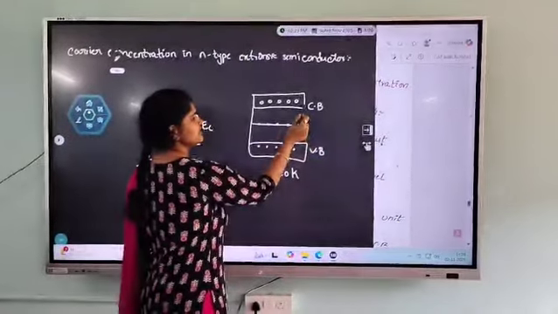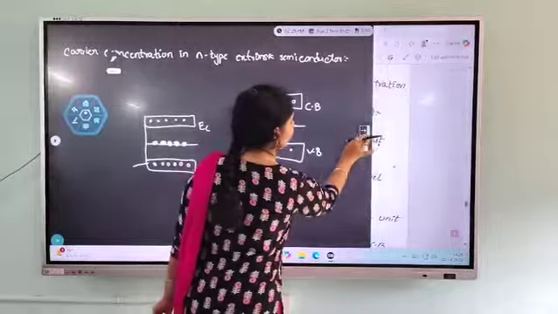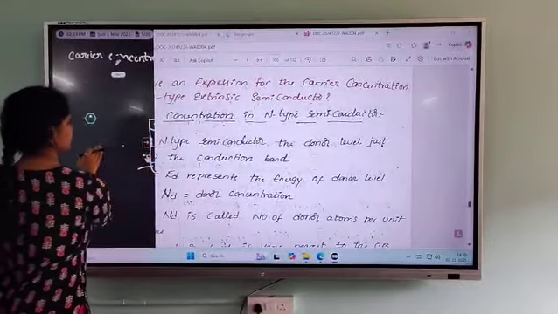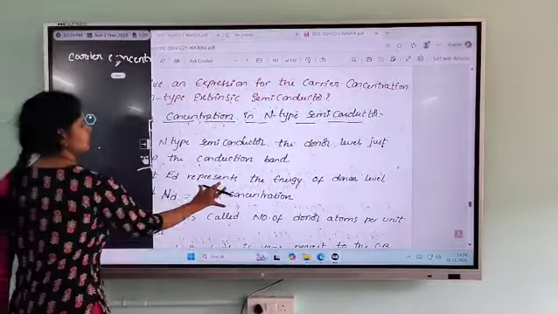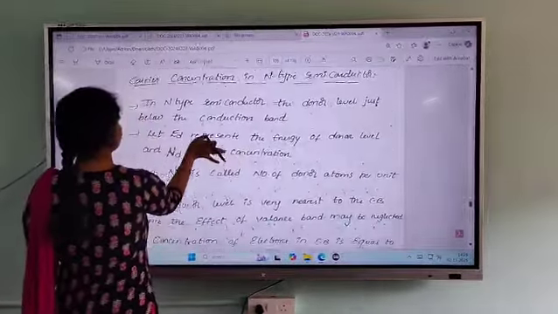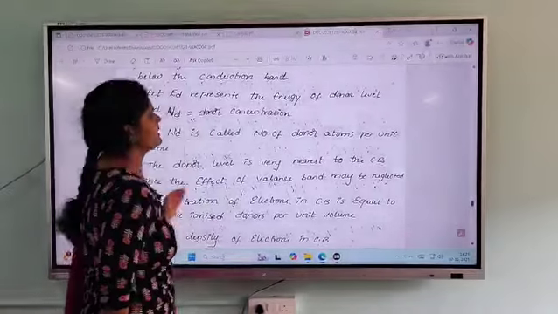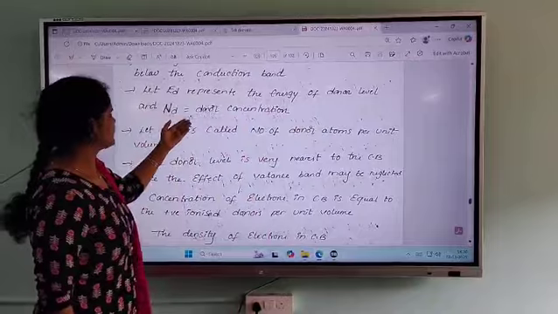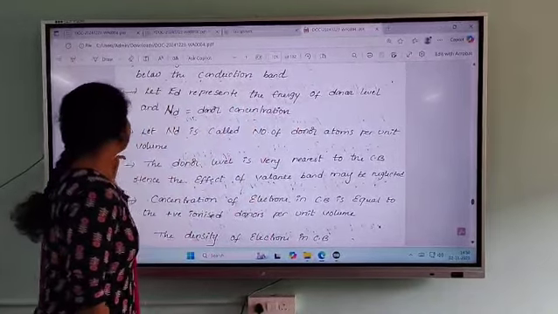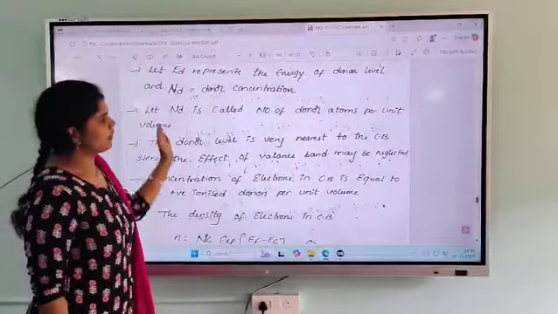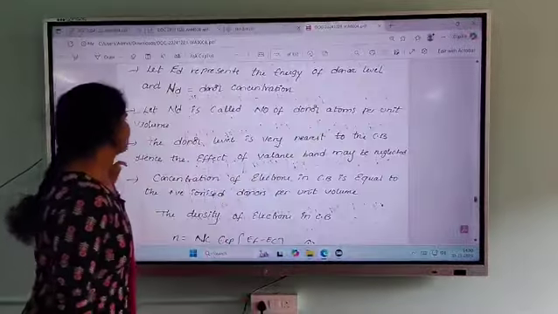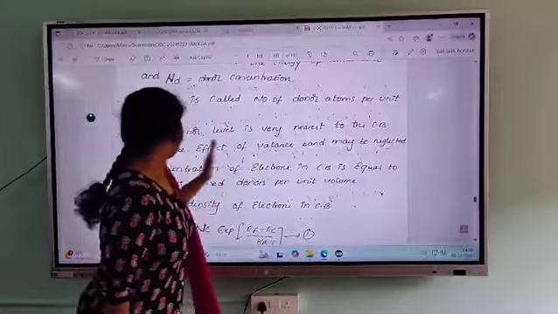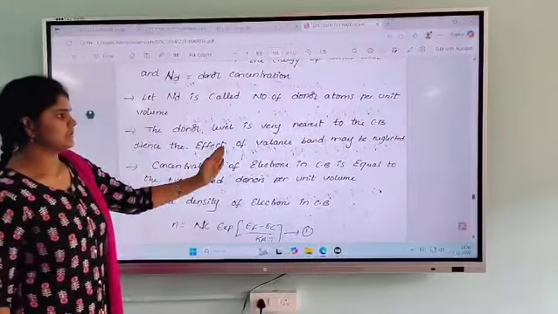See, the donor level is just below the conduction band. Let ED represent the energy of the donor level, and ND represent the donor concentration. Let ND be the number of donor atoms per unit volume. The donor level is very near to the conduction band, hence the effect of the valency band can be neglected.